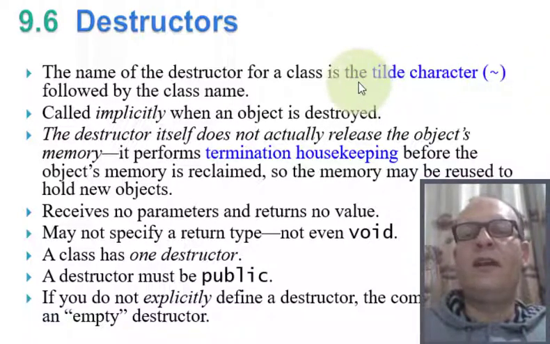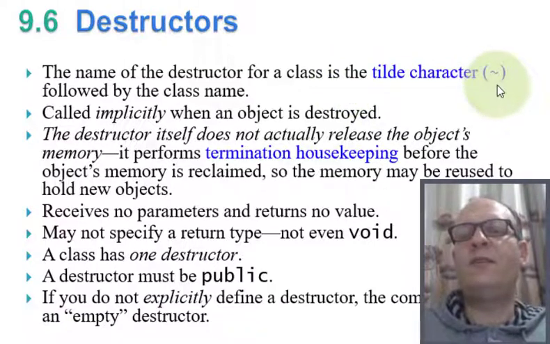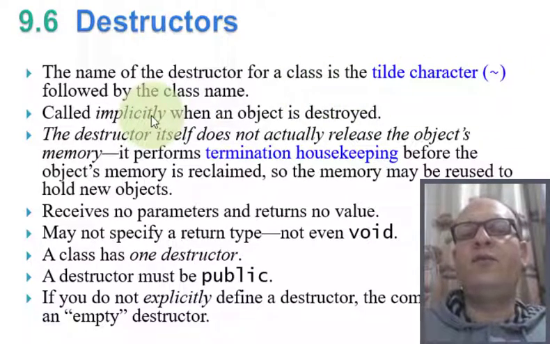So we can add a destructor inside the class by adding the member function with the tilde character preceding it. And if you don't have a destructor in your classes, the compiler will implicitly add one, exactly like the constructor. If you don't have a constructor, the compiler adds one for you.